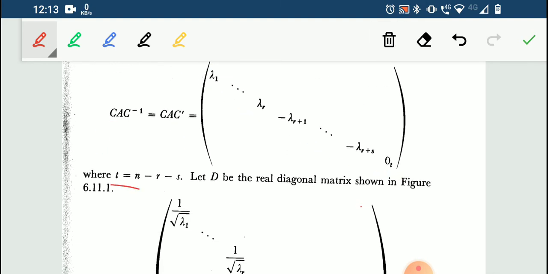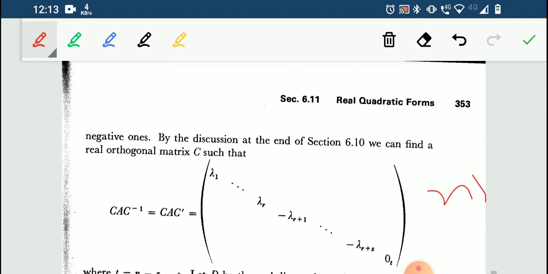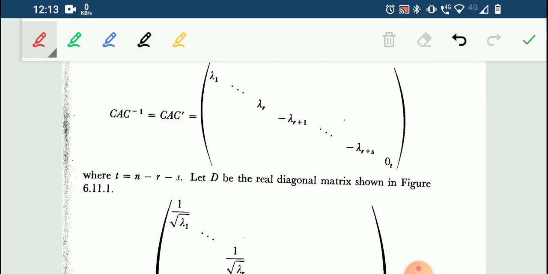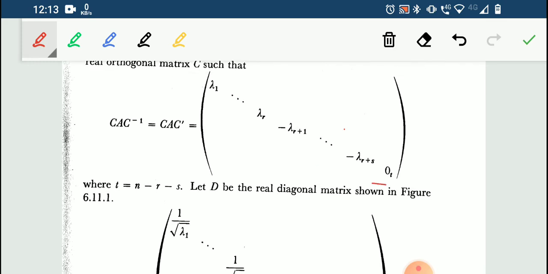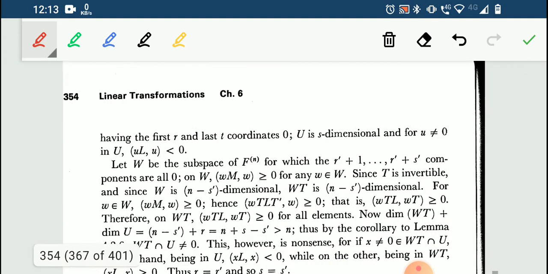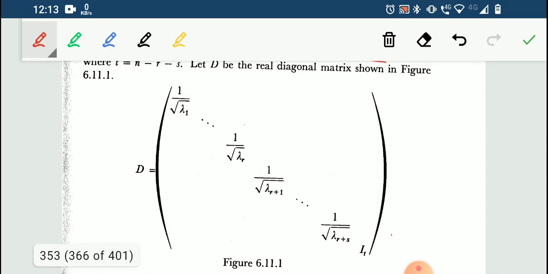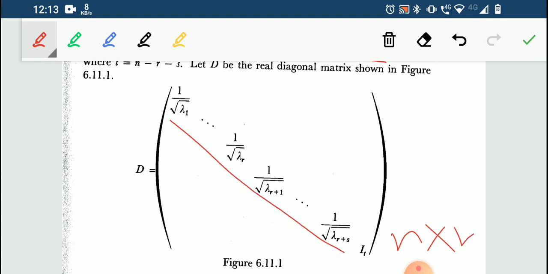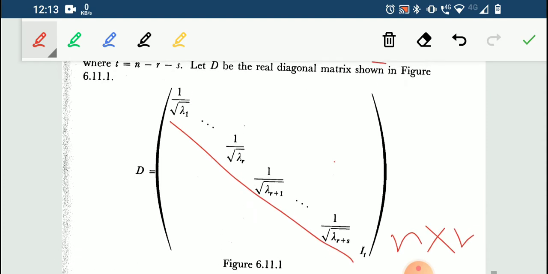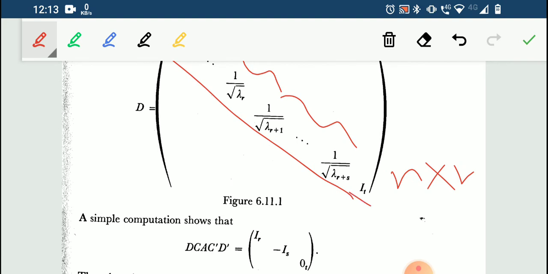What is t? If this matrix is an n cross n matrix, you will have a total of n diagonal elements. Where these elements are some r, and these elements are s, the remaining ones will be t.